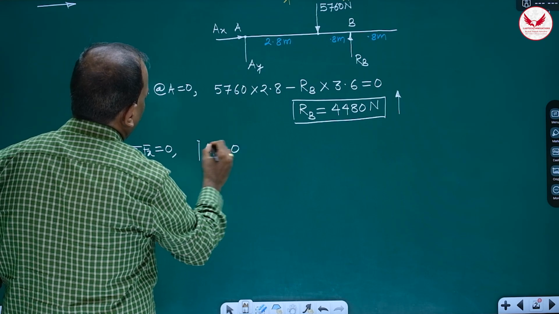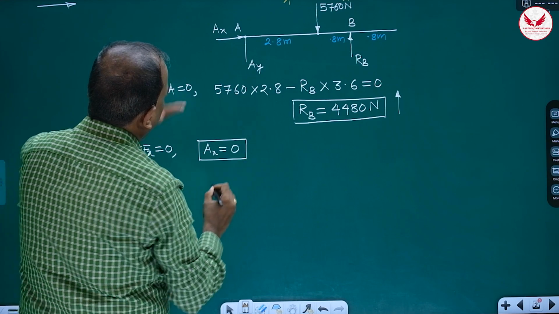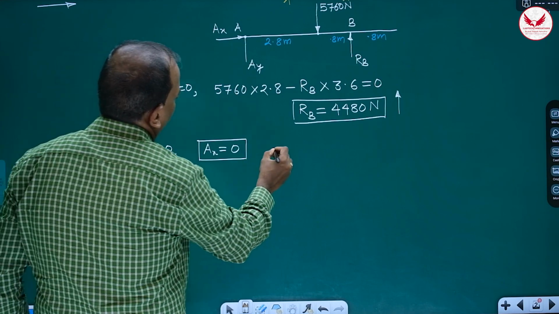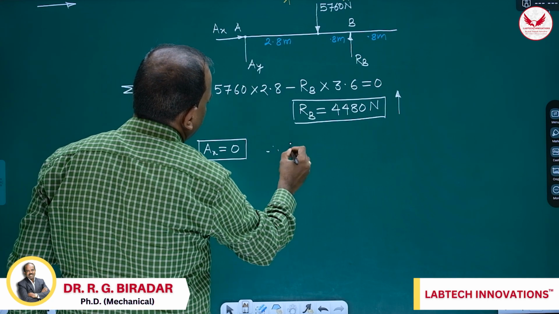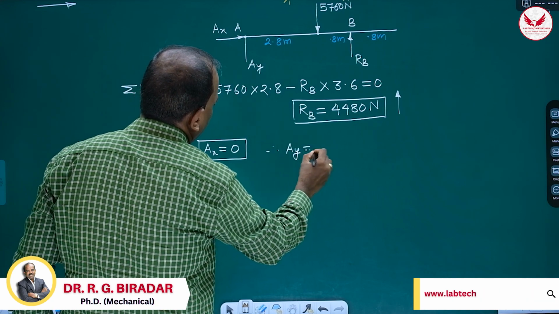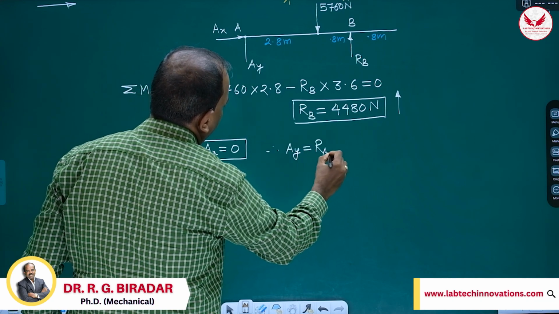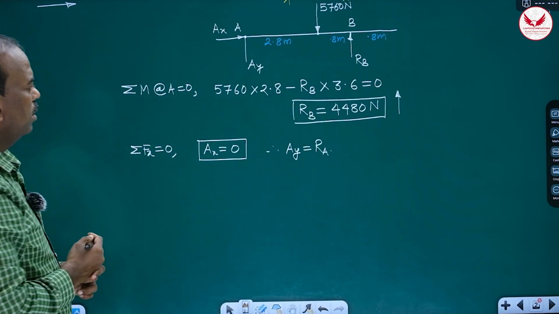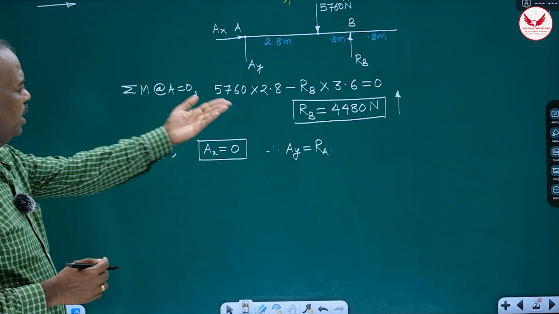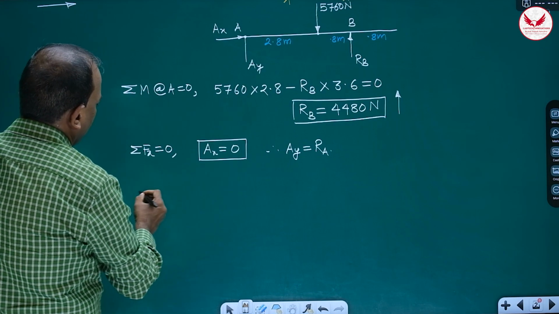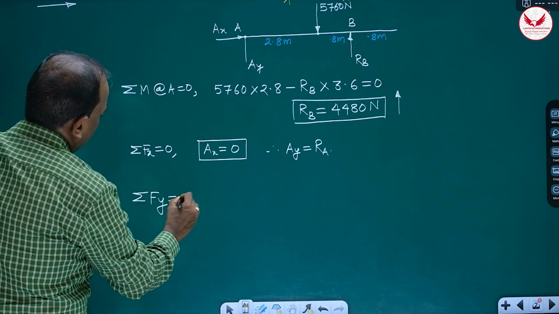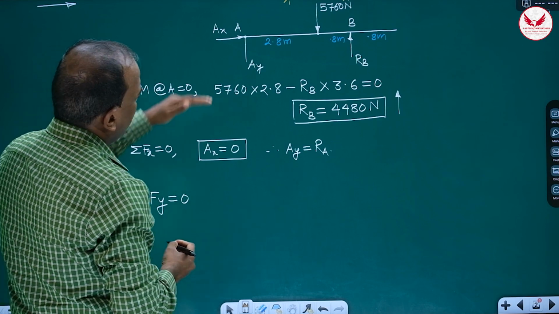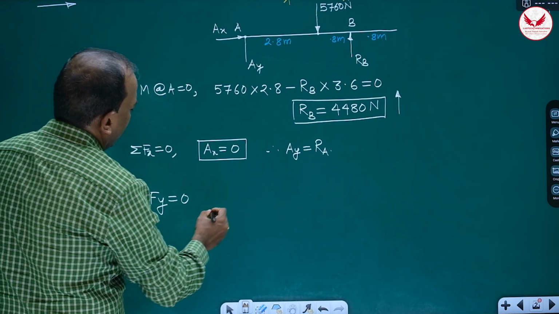And if the horizontal component of reaction at A is 0, hence what we'll get? This AY means it will be the reaction at A. Hence AY is going to be RA, reaction at A. We have calculated reaction at B. Now we can use summation Fy is equal to 0. AY means RA.